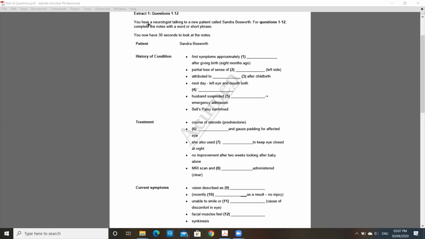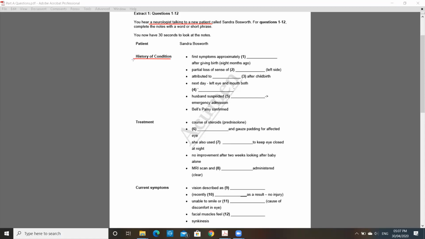You have the context sentence here, which says with whom this conversation is taking place. So this conversation is with a neurologist. The moment you read neurologist, you start thinking about the problems that neurologists usually deal with. And then you start looking at the subheading, history of condition.